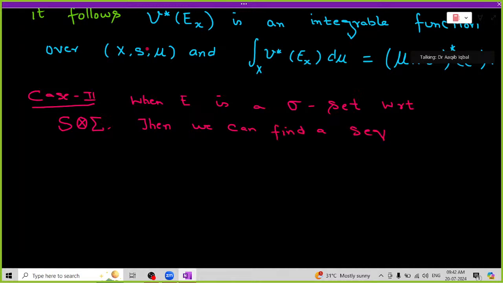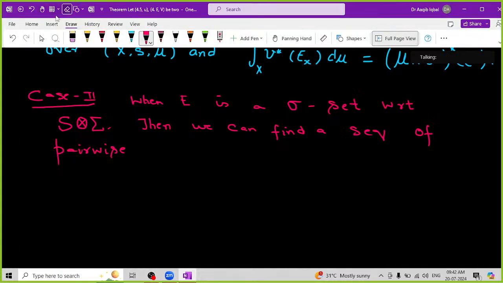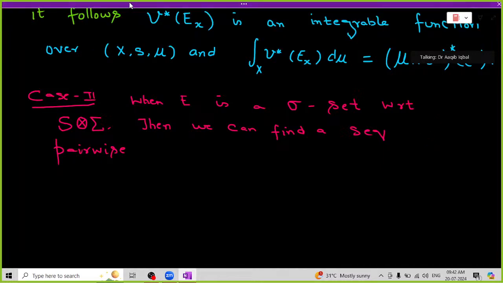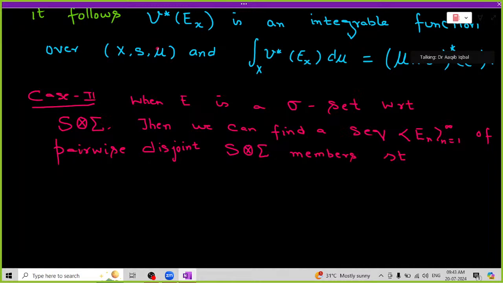Then we can find a sequence. Sequence means a countable collection of pairwise disjoint semi-ring members. और हाँ वो सीक्वेंस को हम मेंशन पहले ही करेंगे. इस तरह से लिखेंगे हम. वी कैन फाइंड अ सीक्वेंस E sub n running from 1 to infinity of pairwise disjoint semi-ring members, product semi-ring members, S O times sigma members, such that E is the union of these ENs.